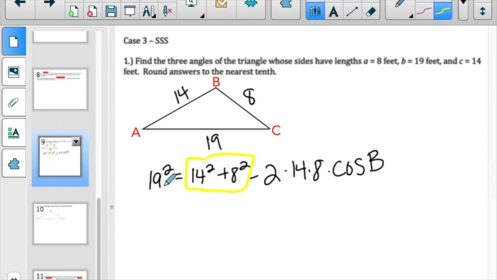In your calculator, you could type 19 squared minus 14 squared minus 8 squared and hit enter. And that would be this new value over here. Or if you want to be a little bit more comfortable with it, you could figure out what 19 squared is in your calculator, which is 361. Figure out what 14 squared plus 8 squared is, which is 260, right?